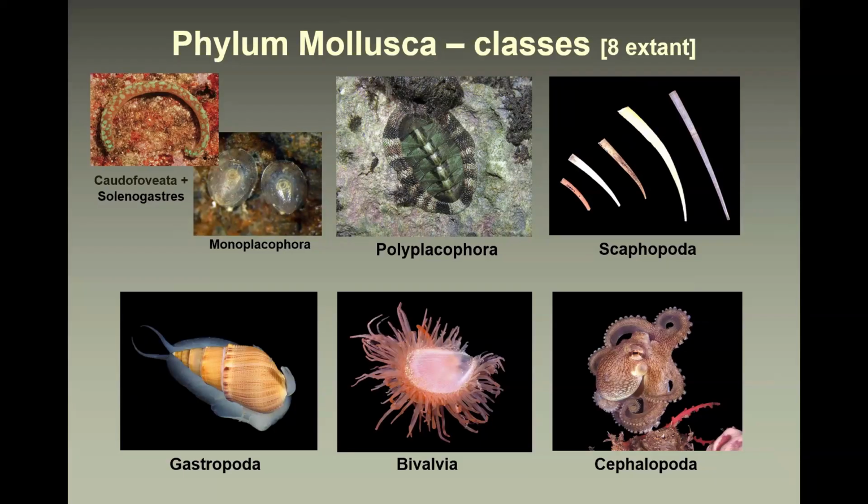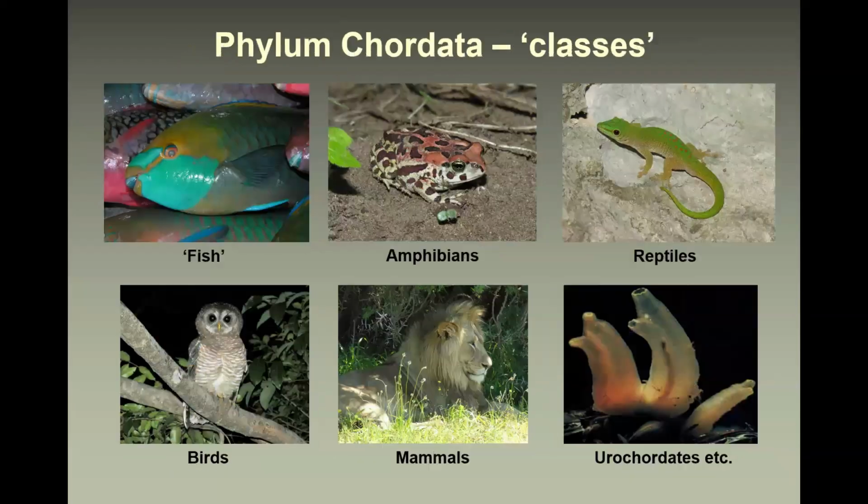The level of diversity that we've got here, at phylum level, is equivalent to this level of diversity in the chordates, ranging from fish through amphibians, reptiles, and birds and mammals, to the smaller groups of non-vertebrate chordates, the sea squirts and things like that. So it's a huge range of diversity encompassed within the mollusca.